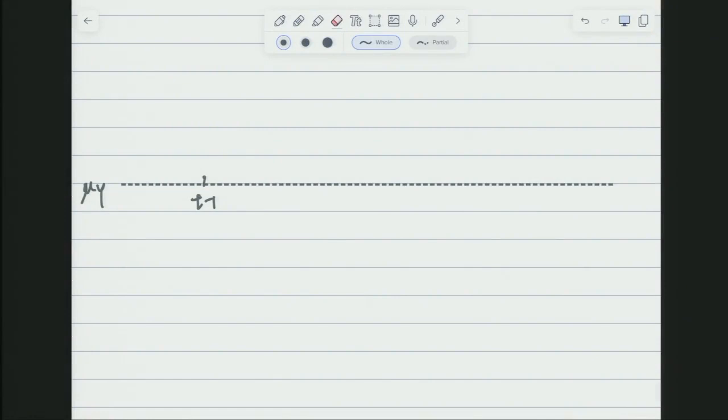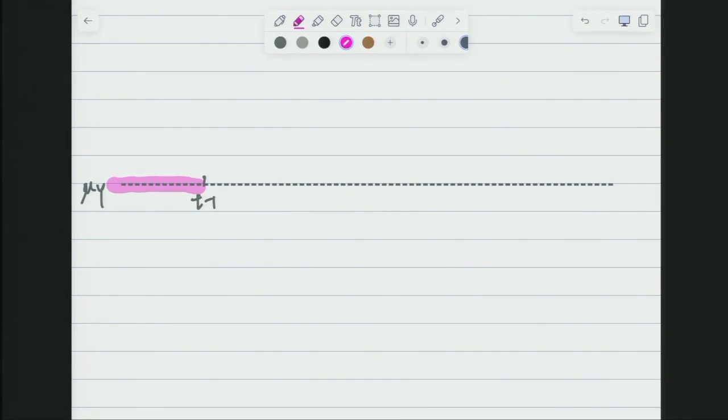So imagine our time series yt. We know that under stationarity, in the absence of shock, it will just stay on its long run mean. So it will stay here.